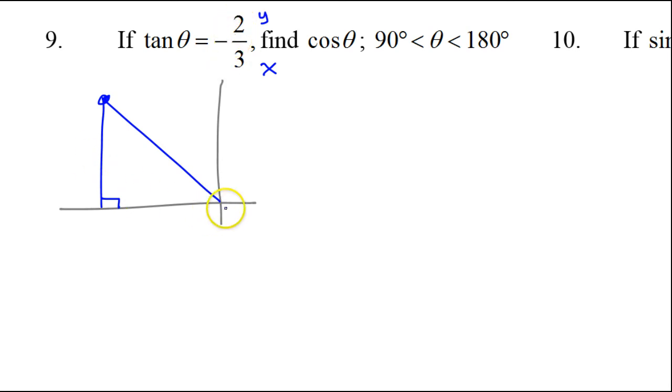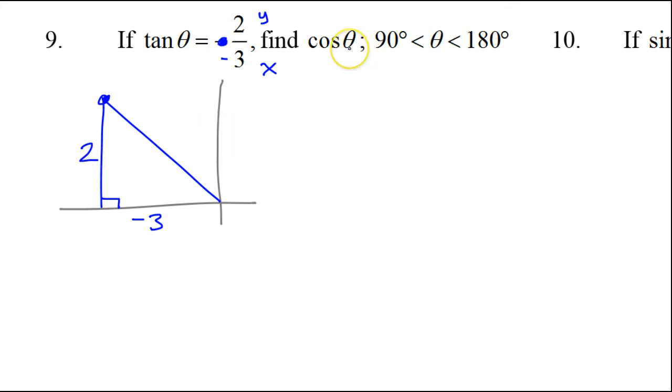This is left and up, so which one is going to be negative, x or y? Well, clearly the x needs to be negative while the y stays positive. So I'm going to look at this as positive 2 over negative 3. So there's my negative 3, and there's my positive 2.